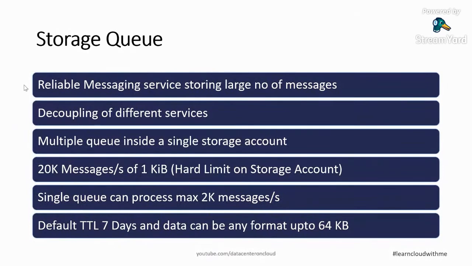Now talking about queue, as I mentioned, it is used to decouple things. Let's say you have your web tier and your application tier, and you want that the application tier will handle a certain number of requests, but you don't want to start losing requests from your front tier. So the decoupling part comes into the picture.